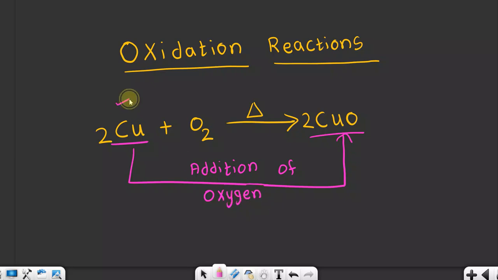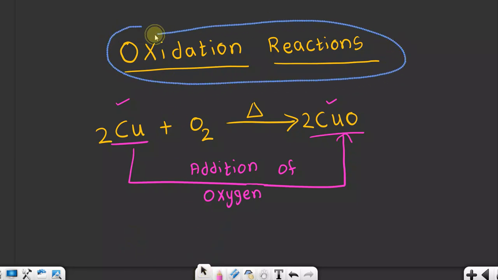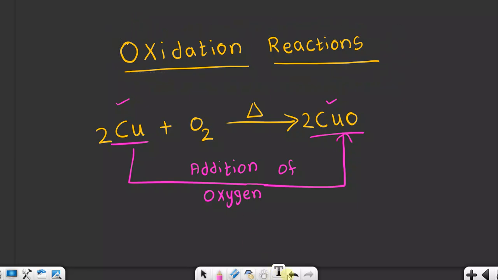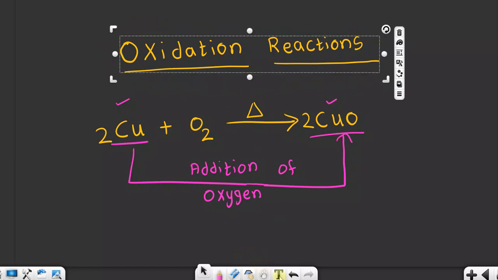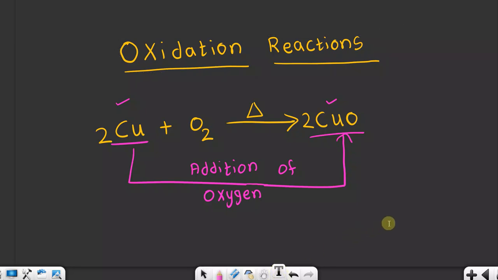If oxygen is not there with the reactant, and on the product side it has oxygen, that means addition of oxygen has taken place and this is an oxidation reaction. I hope it is clear to all of you. Oxidation reaction is addition of oxygen in the reaction.